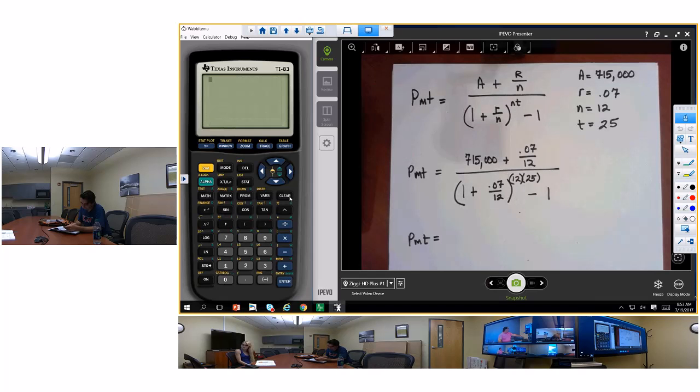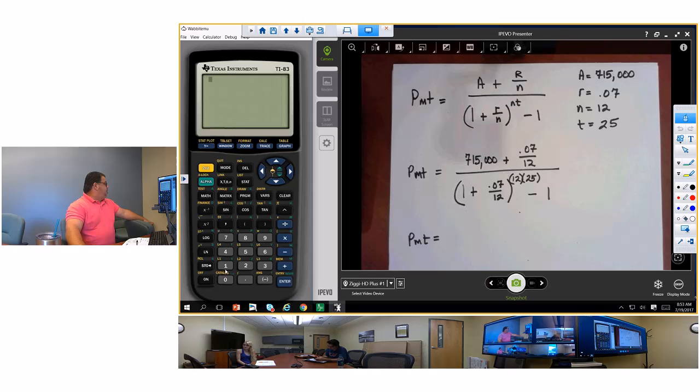Now I'm going to do the bottom. 0.07 divided by 12, enter, plus 1, enter, raised to the 300th power, minus 1.